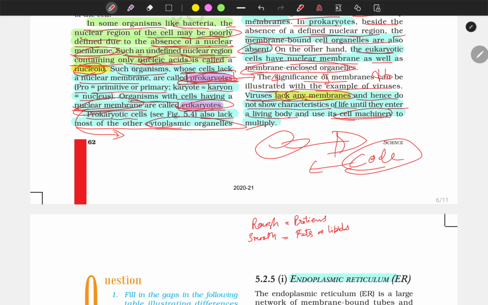When it enters into a host, the code activates, and the code is for division. When it enters a living cell, the code works there by using that body, and by this code the virus divides.